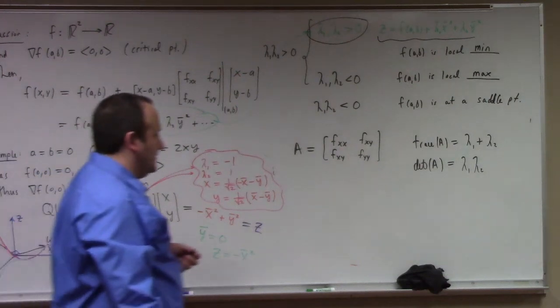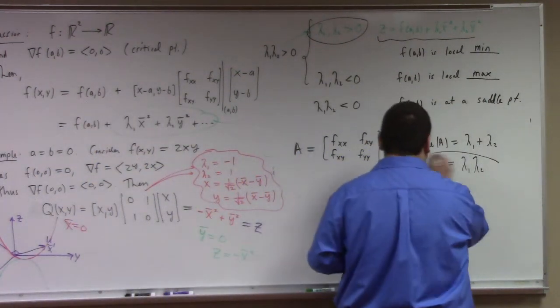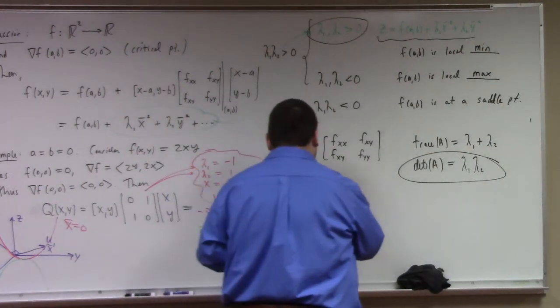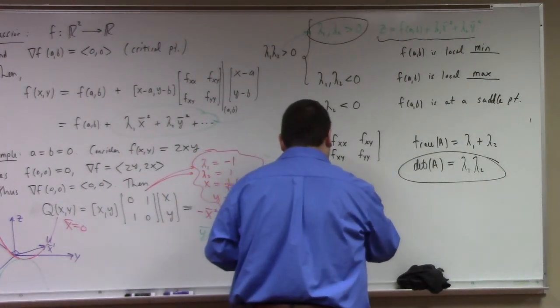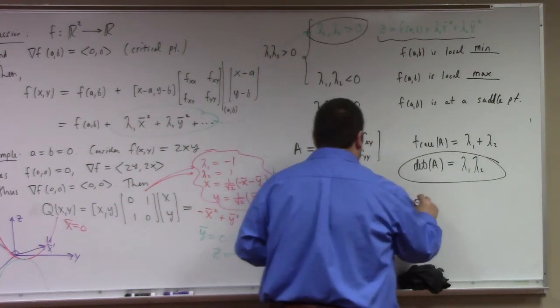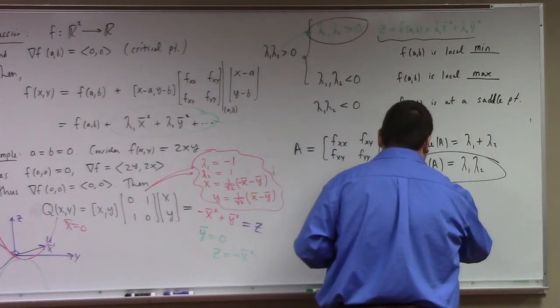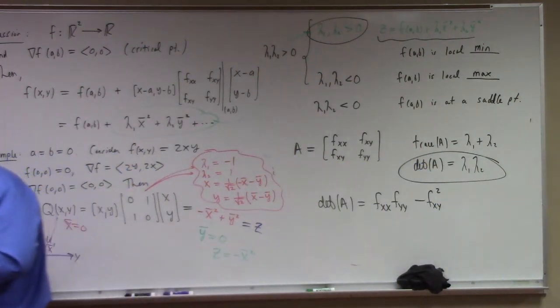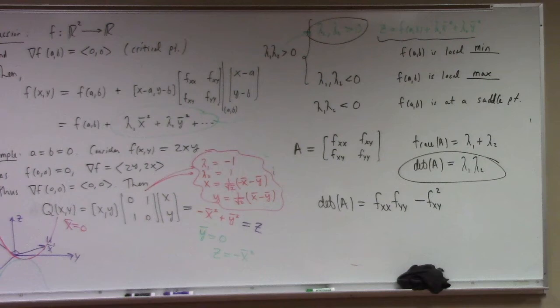So what does that tell us? Well, the determinant. What is the determinant of the Hessian? It is fxx fyy minus fxy squared, or big D, as it's known in Calculus 3 in a lot of books. This is where that mystical theorem comes from.